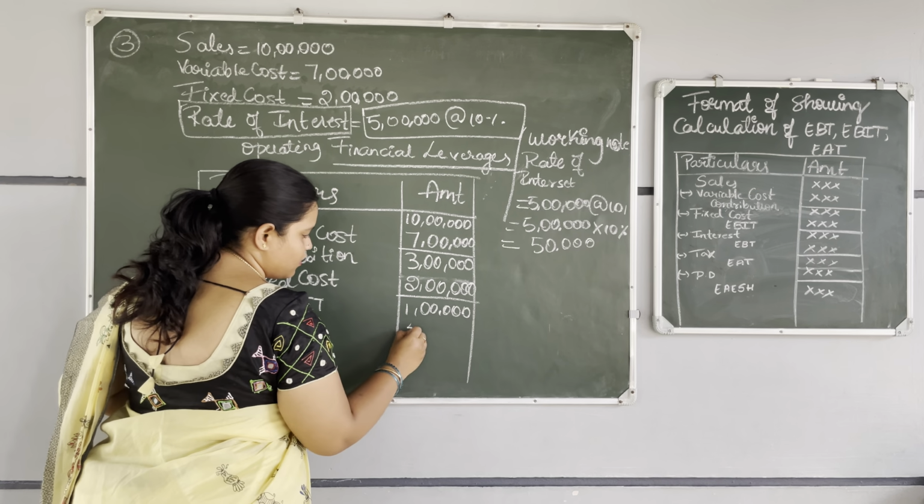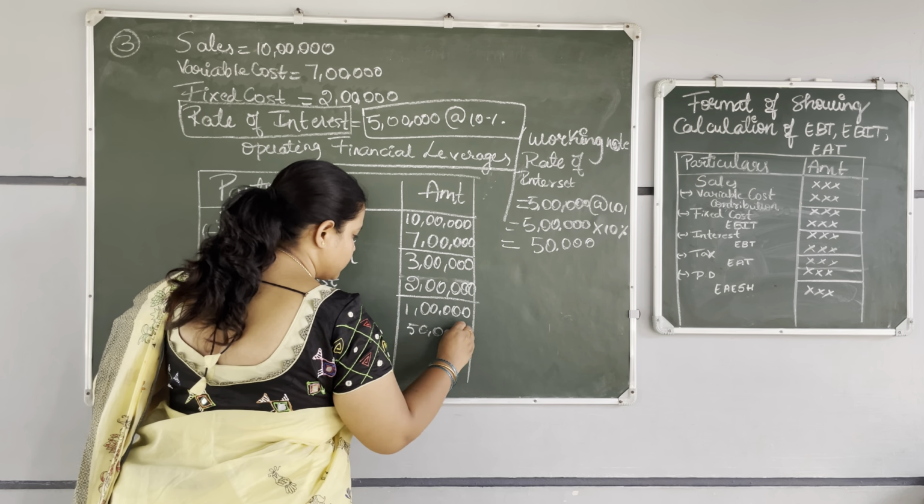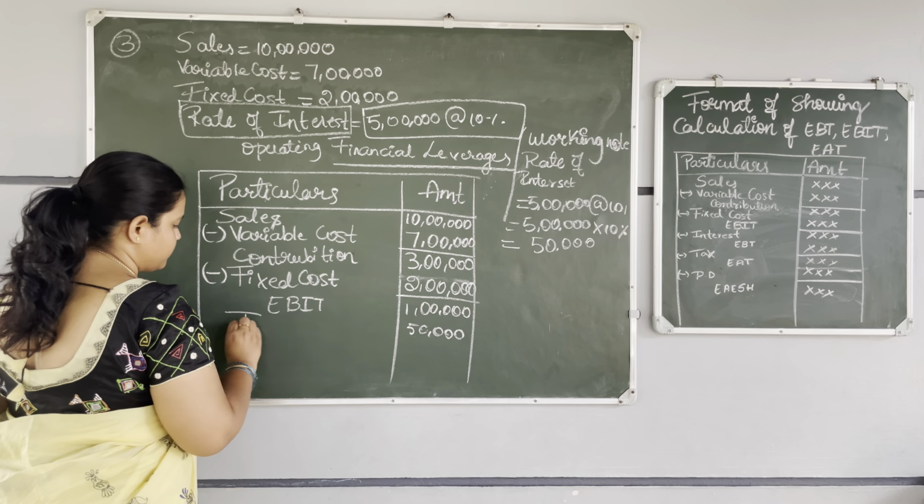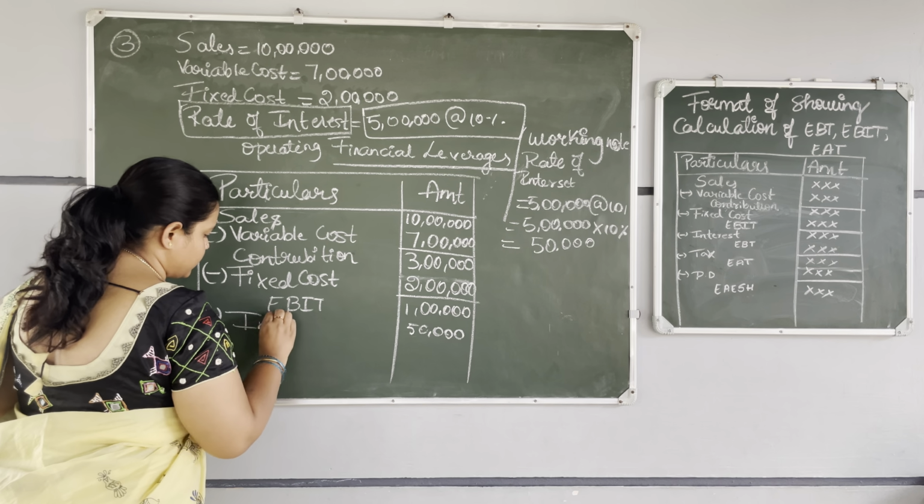So 50,000 is the interest, which we deduct.